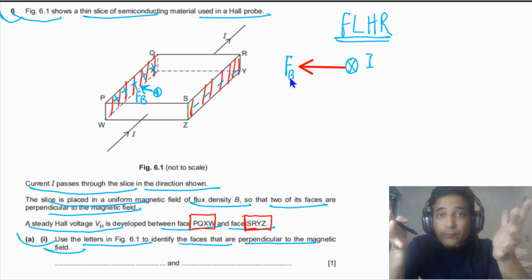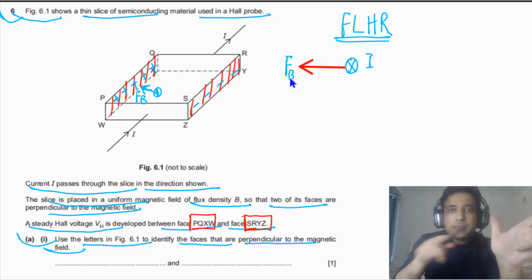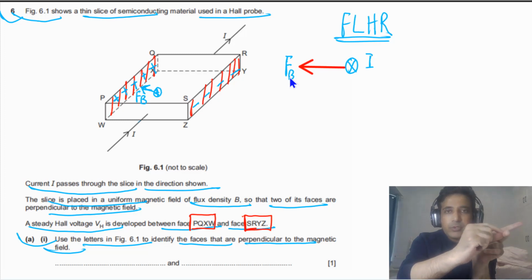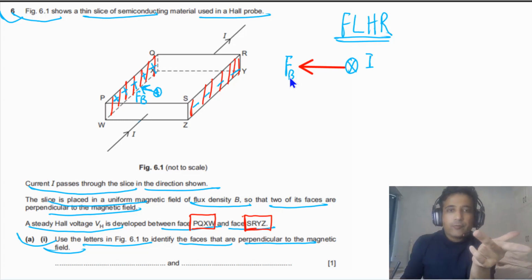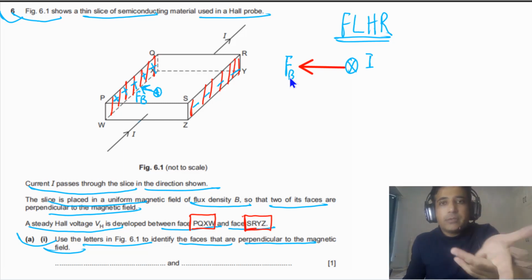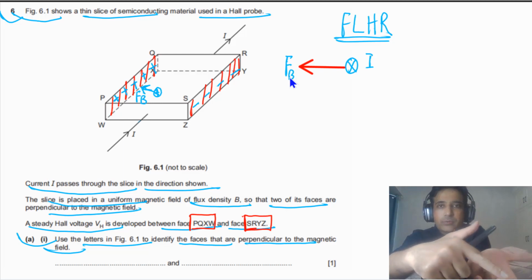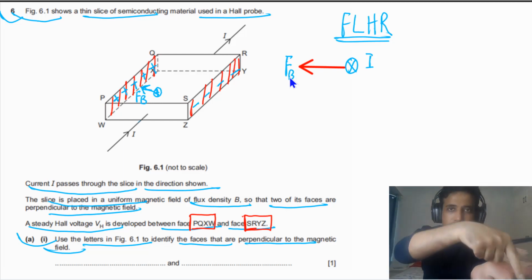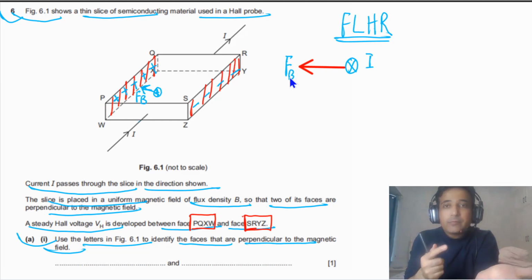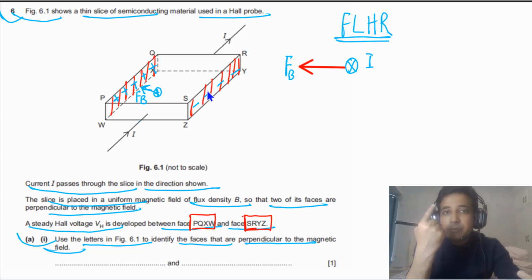Current is into the page, I mean this finger is pointing into the page. And you can see the force is to the left, current is into the page, and the magnetic field is pointing down. Our magnetic field will be pointing up if this side is positive. If this side is positive, then the magnetic field will be pointing up.